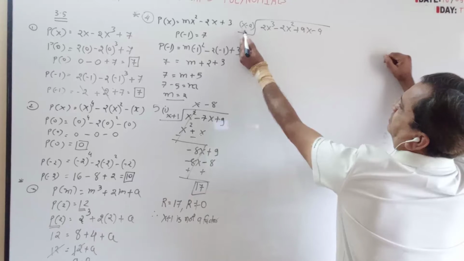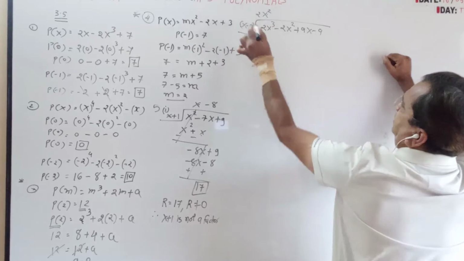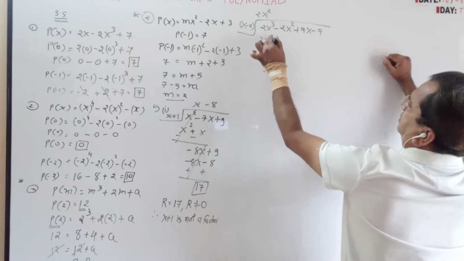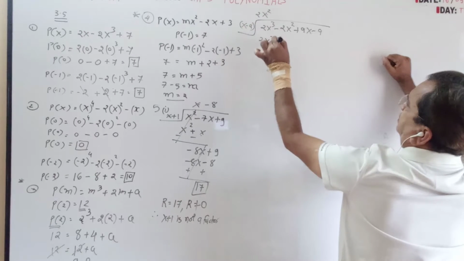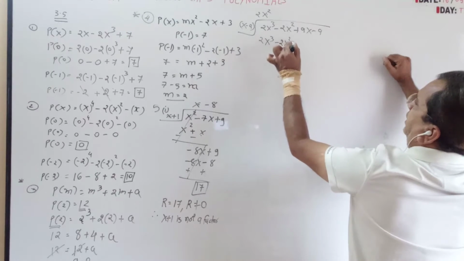This divided by this, x will go 2x square. 2x square into x, 2x cube. 2x into this, 2x square a.